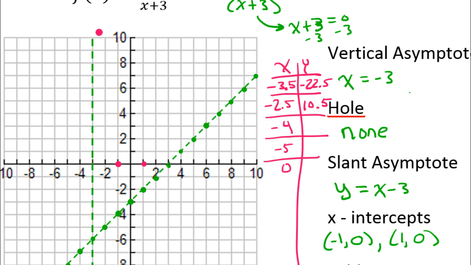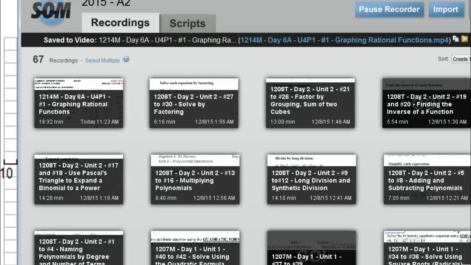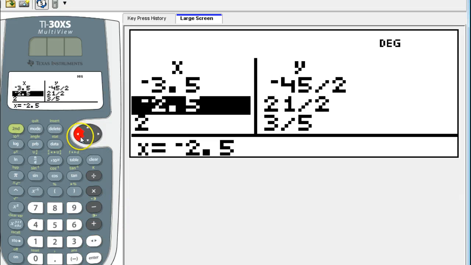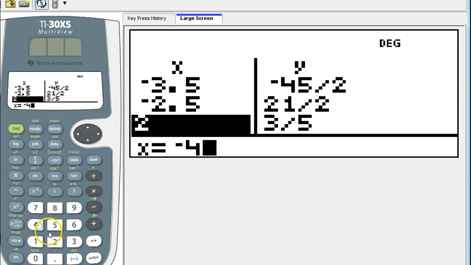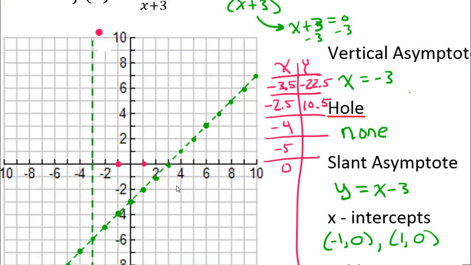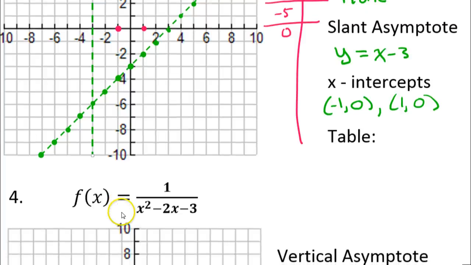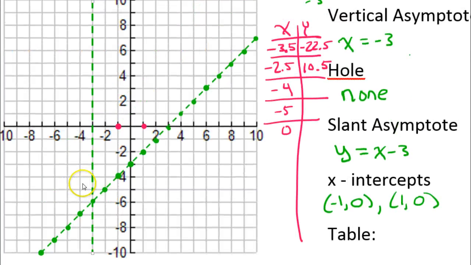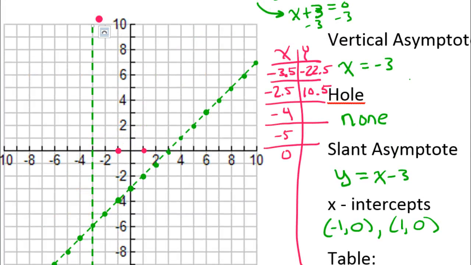What about negative 4? At negative 4, I've got negative 15, which is still way off the graph, so that's not going to be too useful.